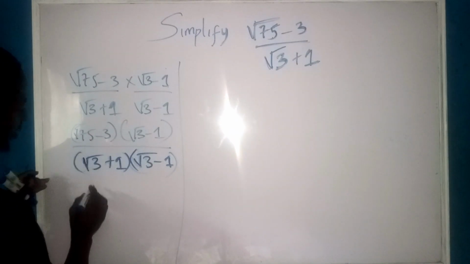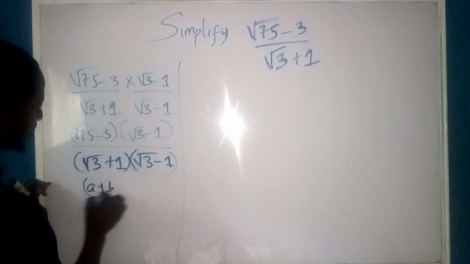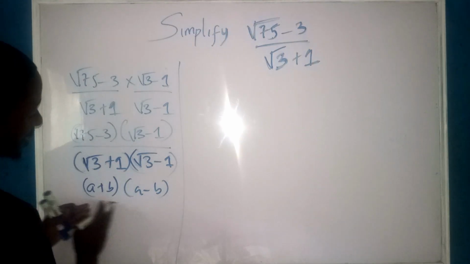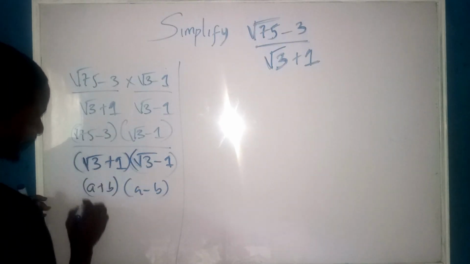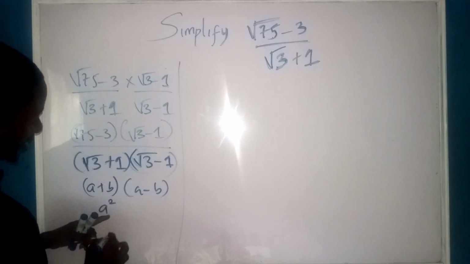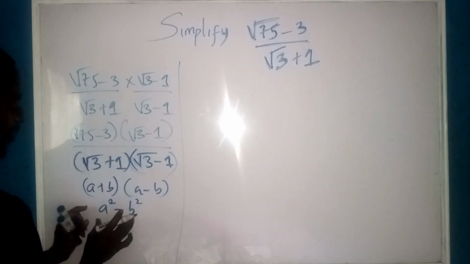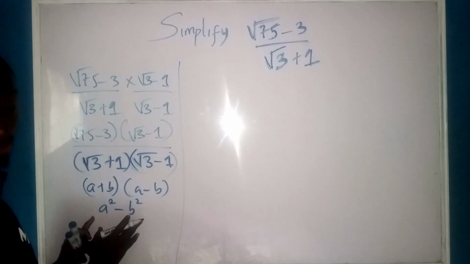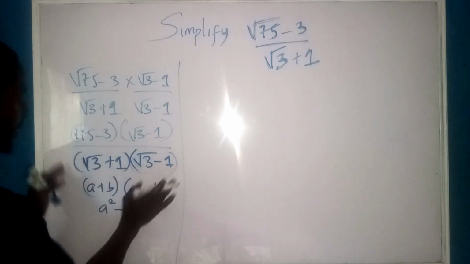So it is equivalent to having a plus b times a minus b. When we have something like this, what do we do to simplify it? We pick one a and one b, but the first a we square, then we put minus, then b squared. So when we have something like this, we can simplify it to this term.